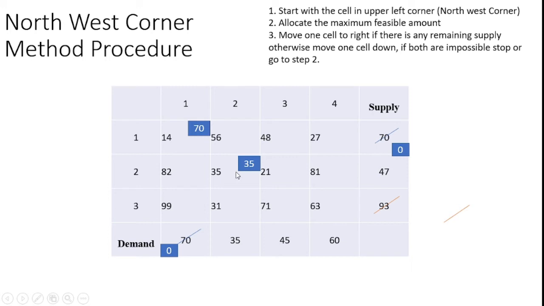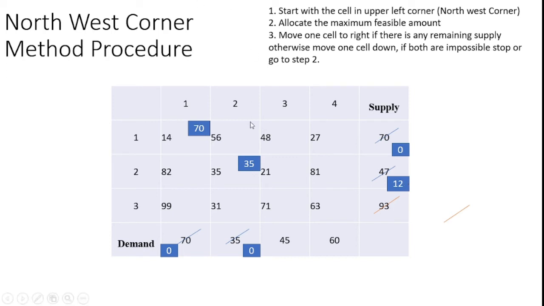The supply is 47 and the demand is 35, so I compare both. The minimum is the demand of 35, so I fill that cell with 35. In demand I reach 0. In supply, 12 is the balance, because 47 minus 35 is equal to 12.